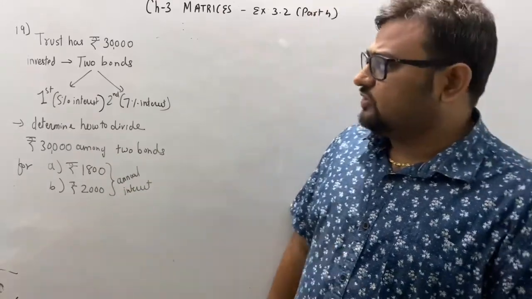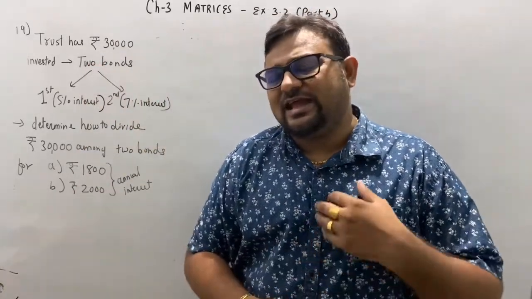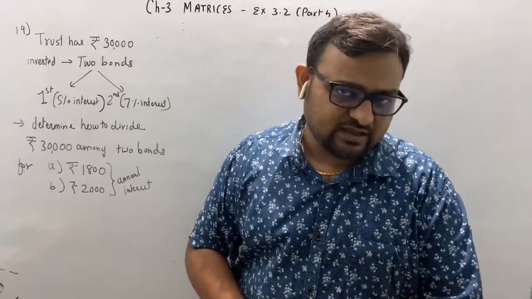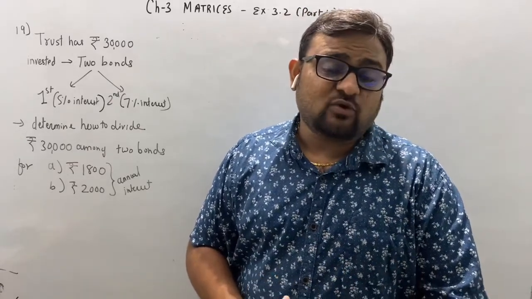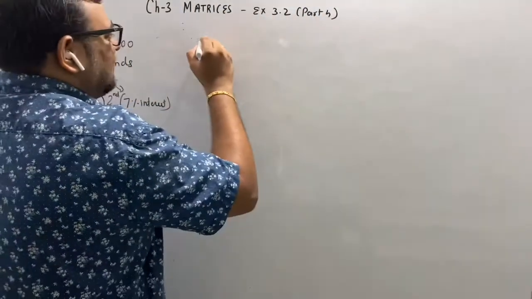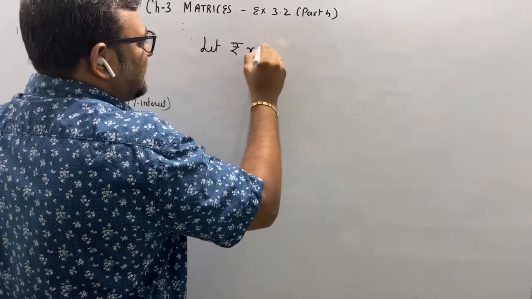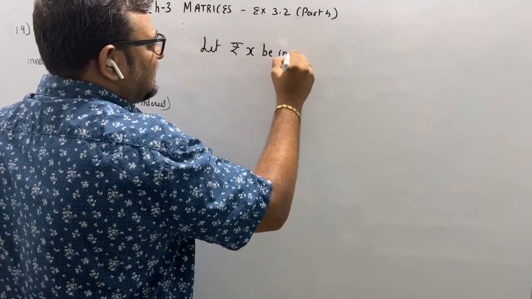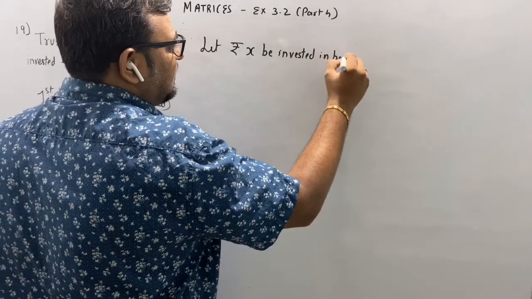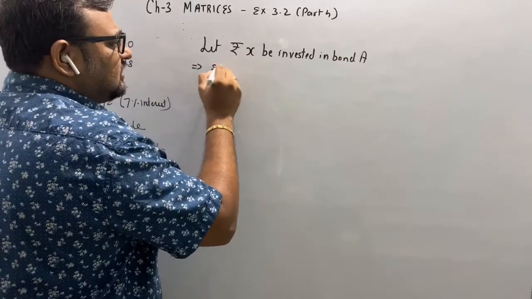We have a total of 30,000. Let's say rupees X is invested in bond A. What does this imply?